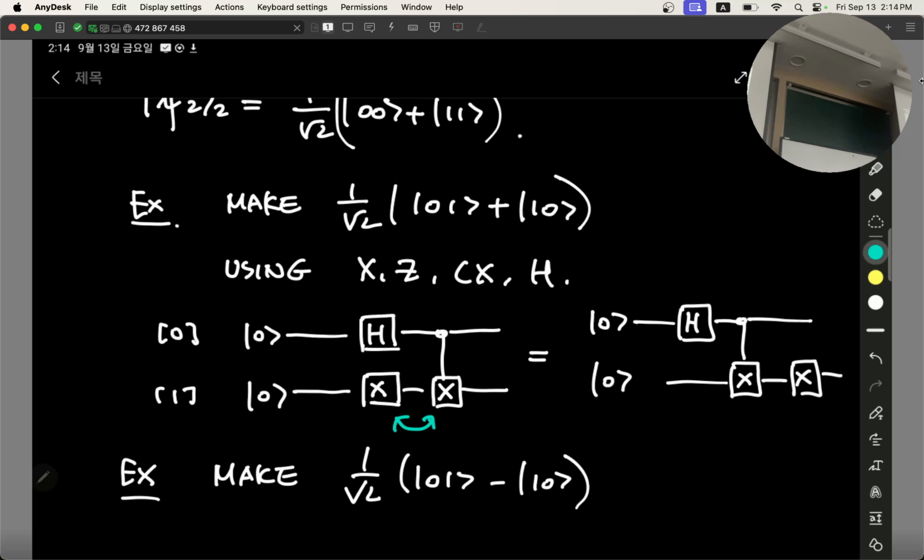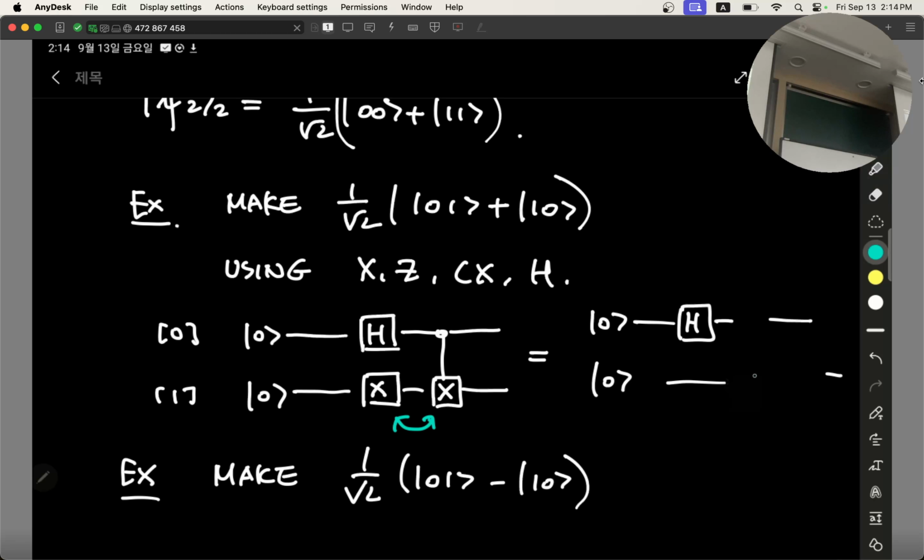The one reason is X is commutable with X itself. That's one reason. And also, applying Hadamard doesn't do anything on the qubit 1. Therefore, it doesn't have to be on here. So you can actually do it in a sequel like this one. So let's see.